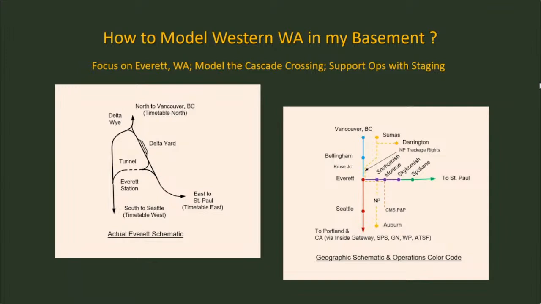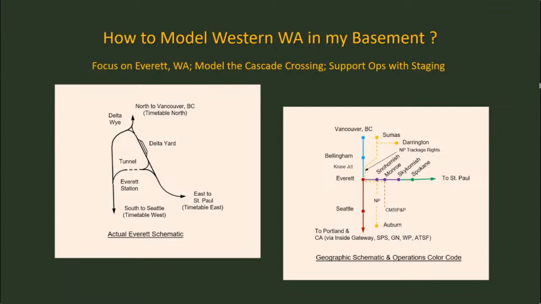And so in my operations scheme, modeling this, I use colors to describe movements of cars. Cars that move north to Vancouver would be blue, south to Seattle would be red, to the east, green. If it's a local moving east up to the Cascade crest and perhaps just beyond, purple.